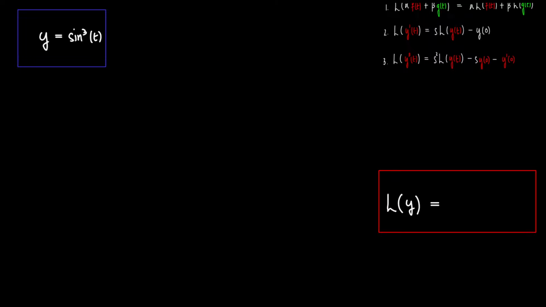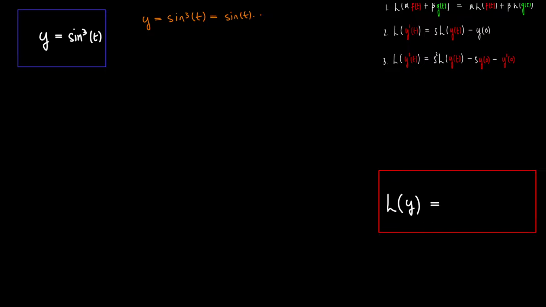So the first thing I want to do is, if I have y equal to sine cubed of t, involve the fundamental trigonometric identity, sine squared plus cos squared equals 1.